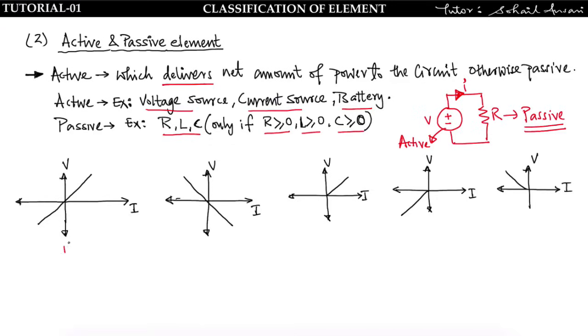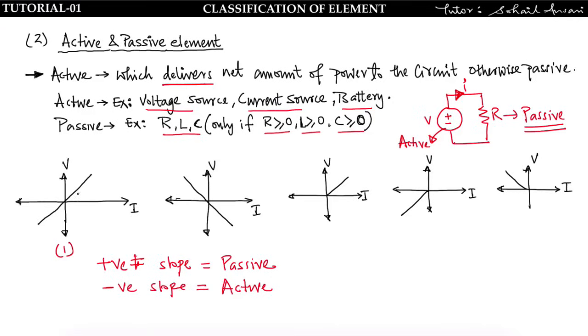See this first graph. It's very easy to know whether it is active or passive. If the graph has a positive slope, that element is passive. If the graph has a negative slope, that means that element is active.